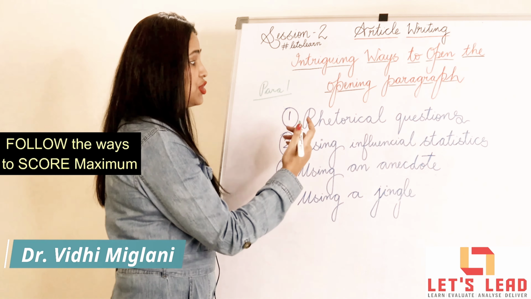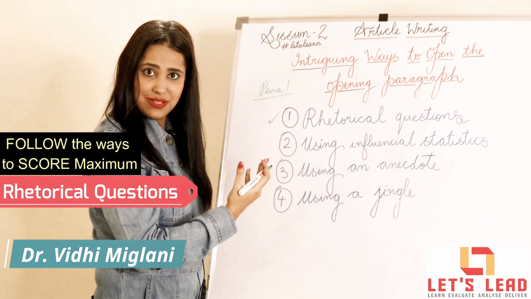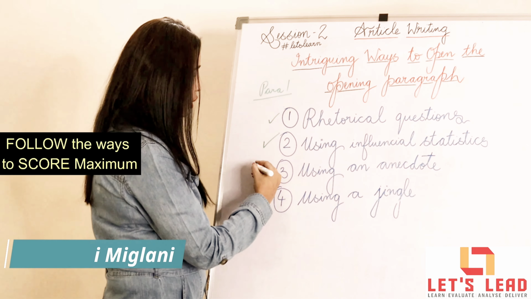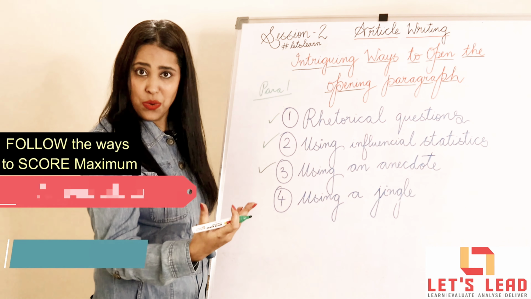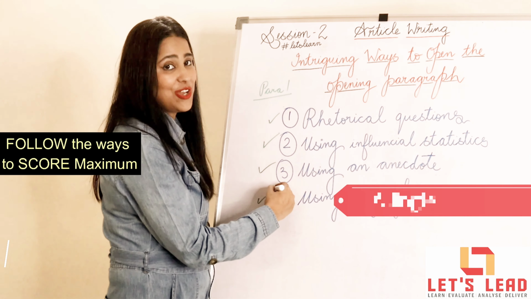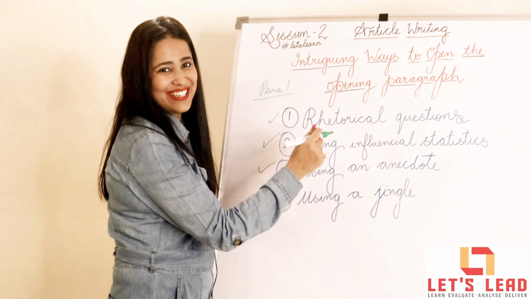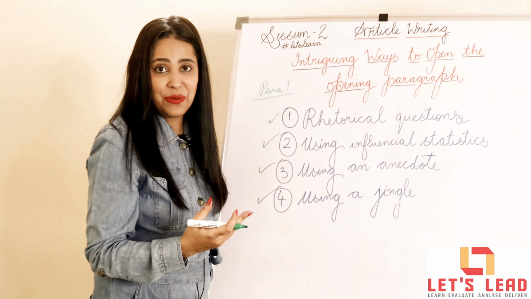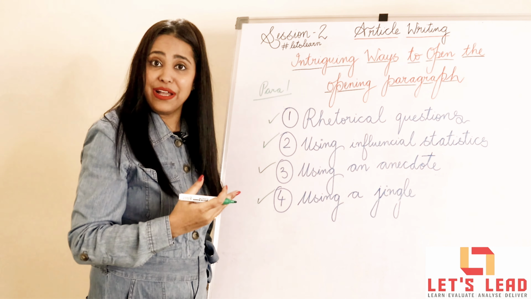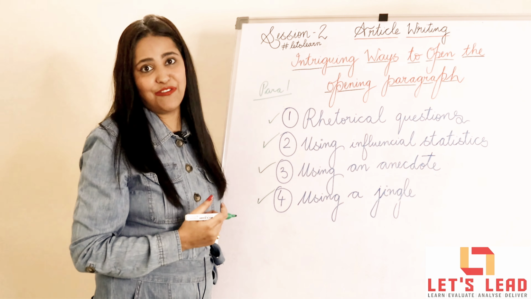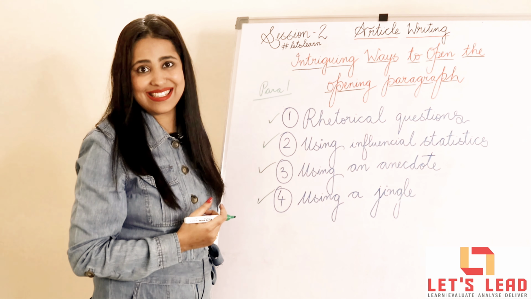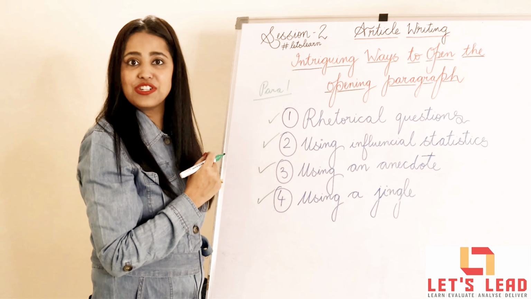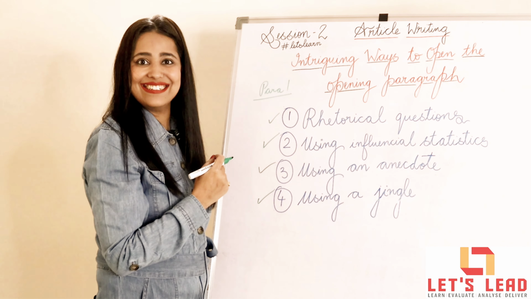It could be the use of rhetorical questions, use of influential statistics, using an anecdote, or using a jingle. Personal favorite, using a jingle, yes. But we have to learn all the ways because it really depends on what type of article you have got in your examinations. Let's start individually working on the 4 different ways to start the article.